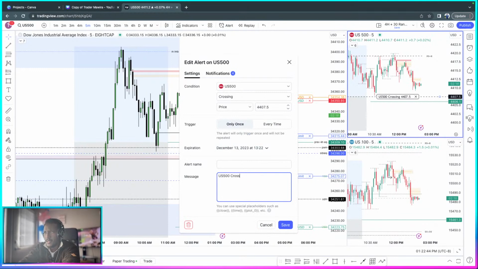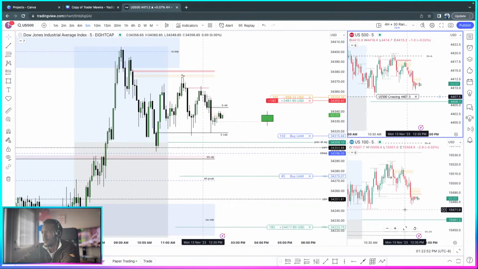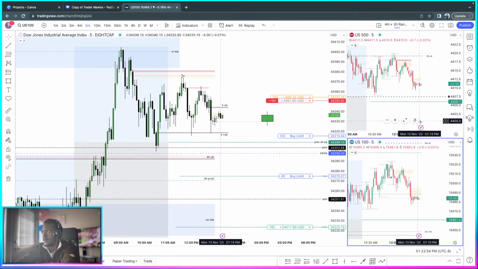US 500, previous 4-hour EQ. I will know when we get there. And put this back.